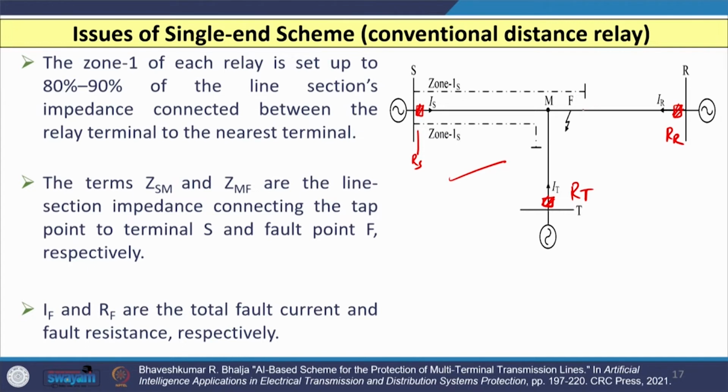IF is the fault current, let us say you have the fault current IF with some value of RF, and the other impedances, let us say the impedance between S and M, that is ZSM, impedance between M and F, that is ZMF, and so on.